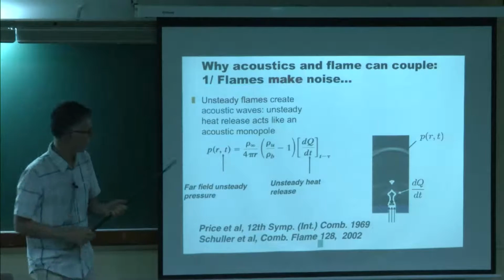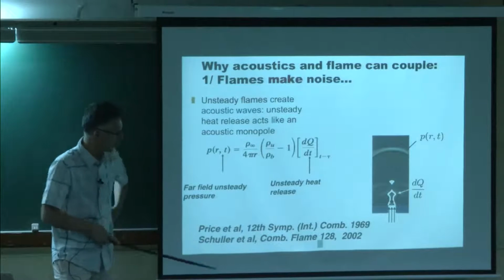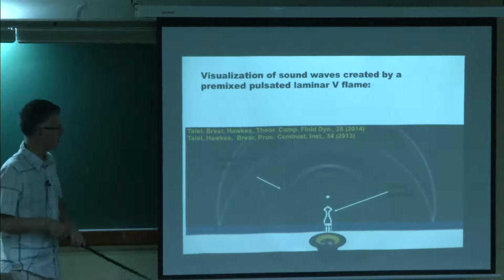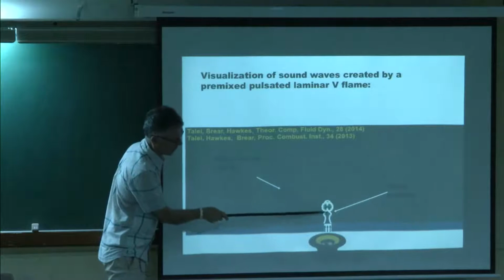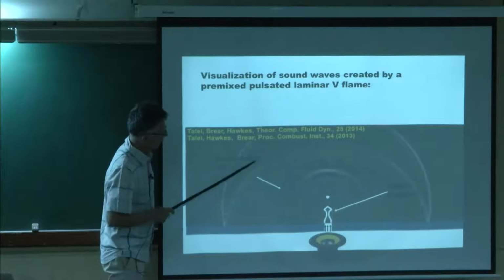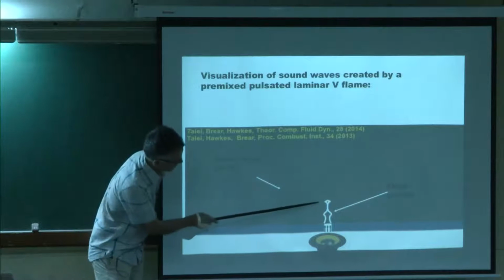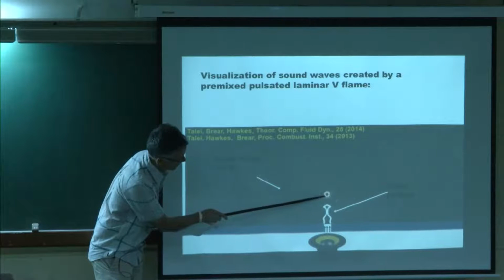And the initial paper is that one. The paper by Schuller gives a very simple demonstration of this property. You can visualize it here, where you have a flame which is pulsated to change its shape. That's a Bunsen flame. And what you see, these waves here, are the divergence of the velocity. Every time, look at this point here, boom.